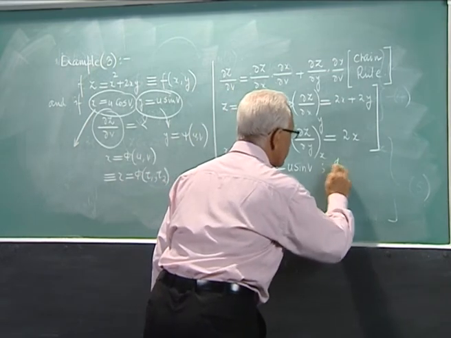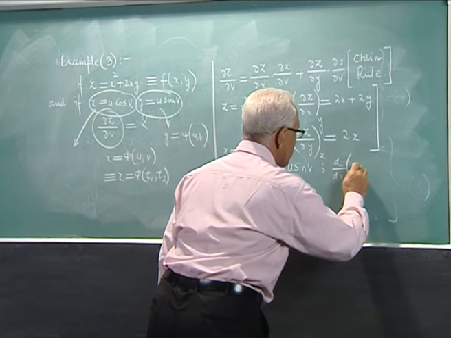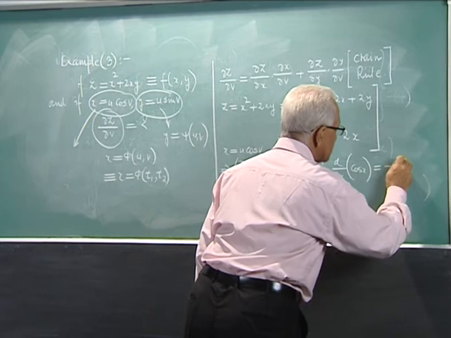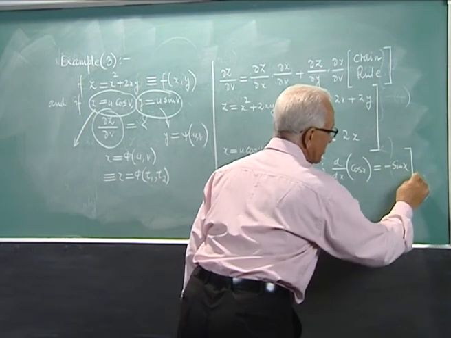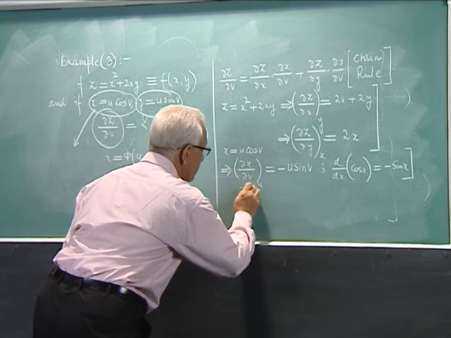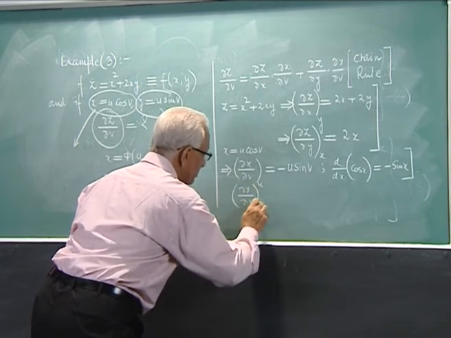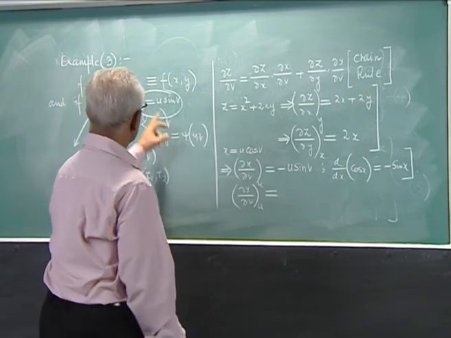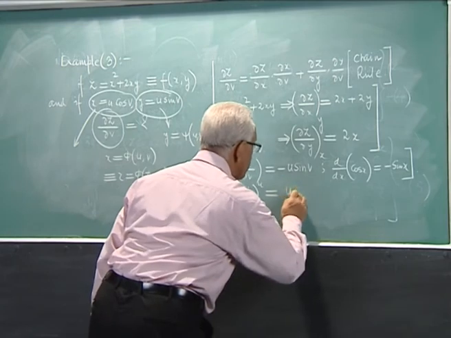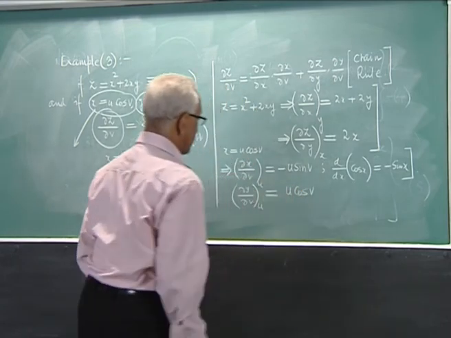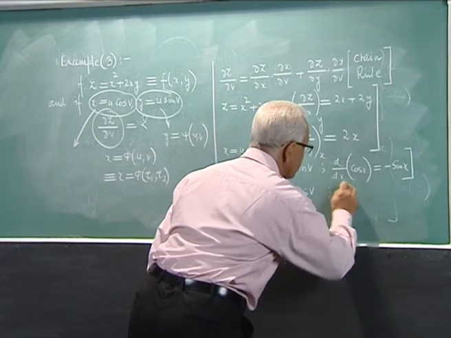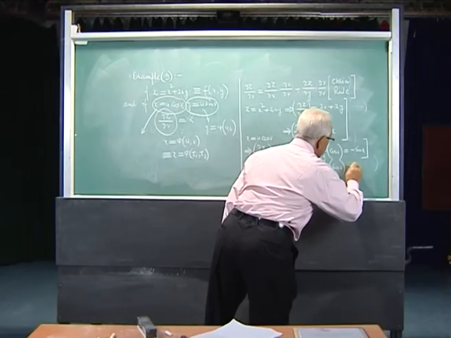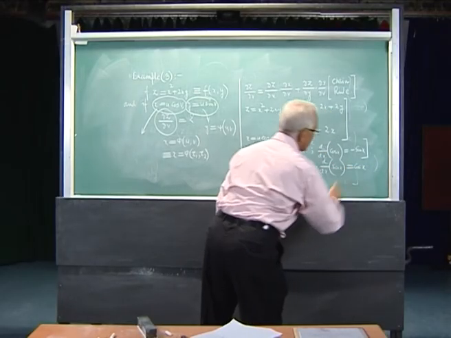I have used the formula d dx of cos x is equal to minus sine x. This is all that we have done in earlier classes. And dy dv also, keeping u constant, from y is equal to u sine v: u is to be treated constant and cos of v, with respect to v. I am using the formula d dx of sine x is equal to cos x.